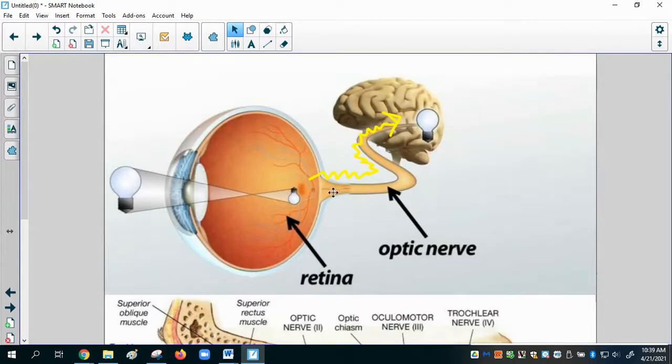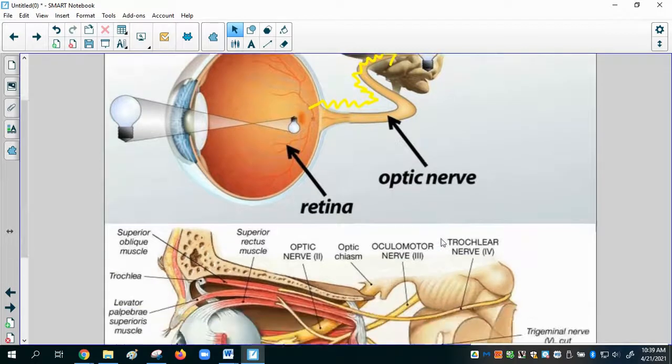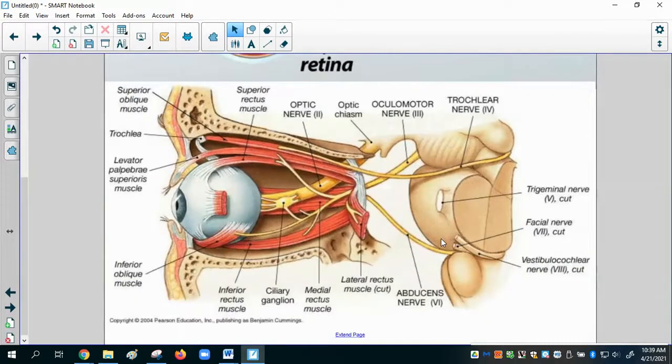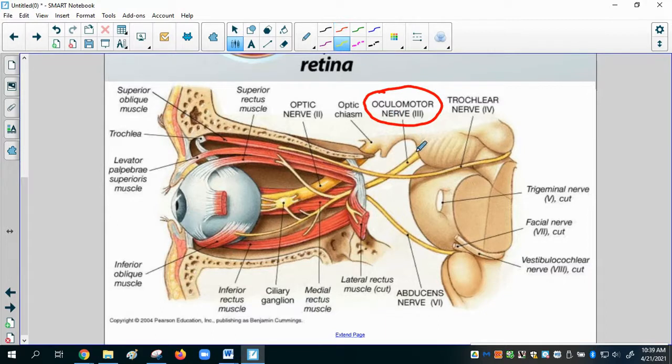Okay, so before I showed you the optic nerve was called a sensory nerve because it only carries sensory information into the brain. There's another nerve here, several nerves specifically, but I want to concentrate on this nerve right here, and it's called the oculomotor nerve. That nerve, as you can see, goes to these muscles of the eye. Watch this nerve, and I'm going to put my arrow on here.